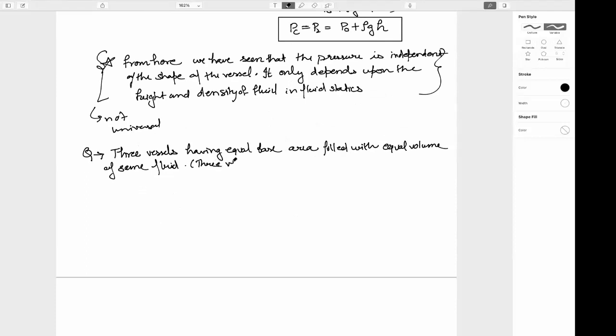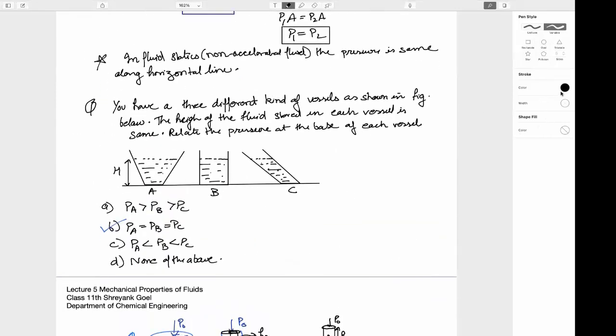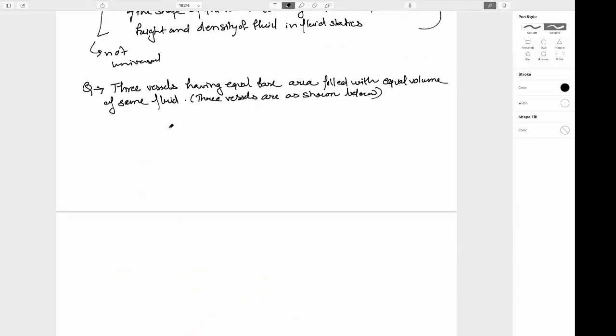The three vessels are as shown below. So let's say the three vessels are like this.